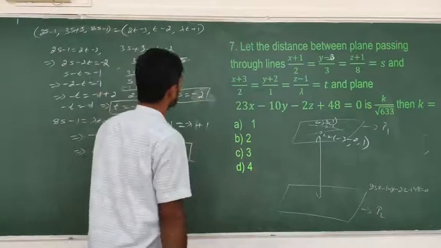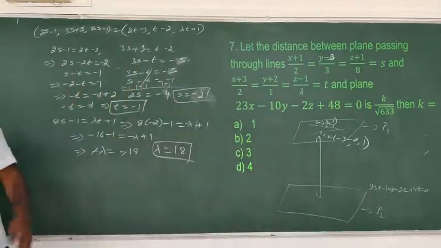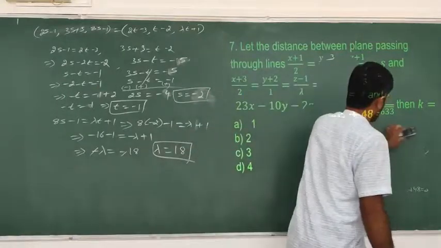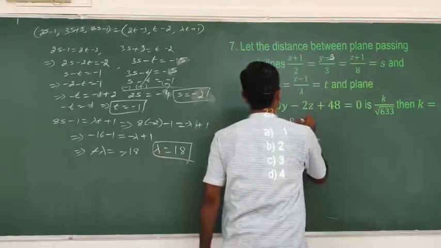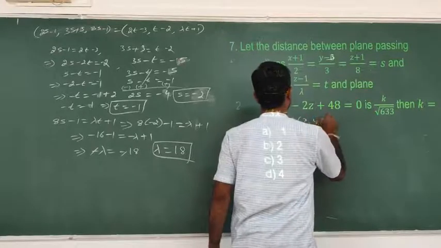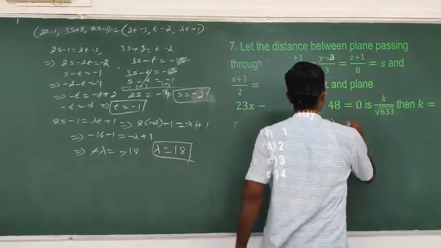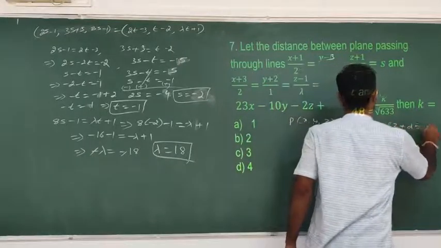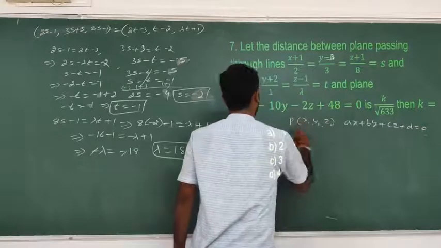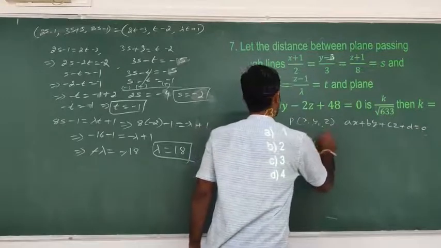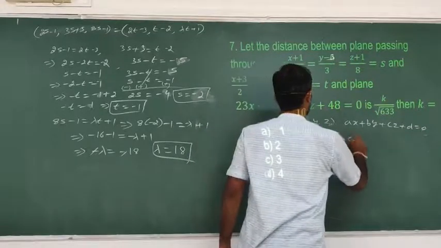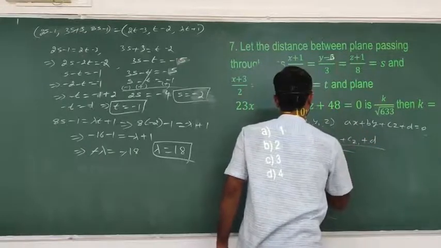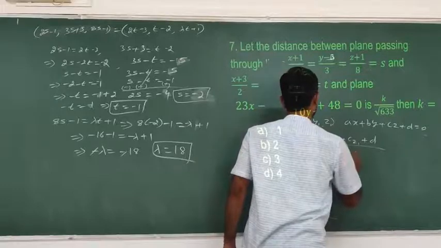We know the formula, so I will write it here. The distance from a point P (x1, y1, z1) to the plane ax plus by plus cz plus d is equal to 0 is given by the absolute value of ax1 plus by1 plus cz1 plus d, divided by the square root of a square plus b square plus c square.